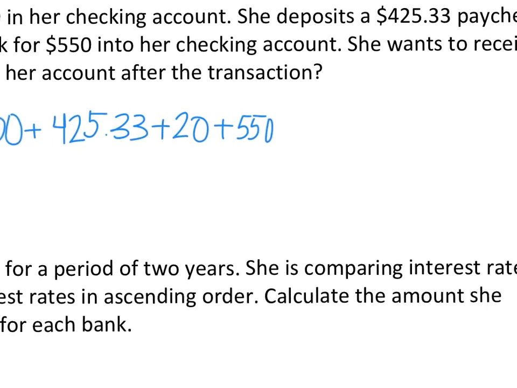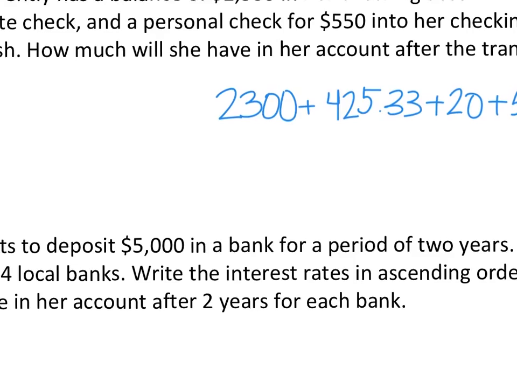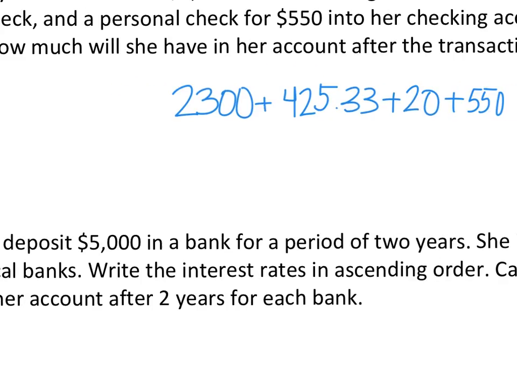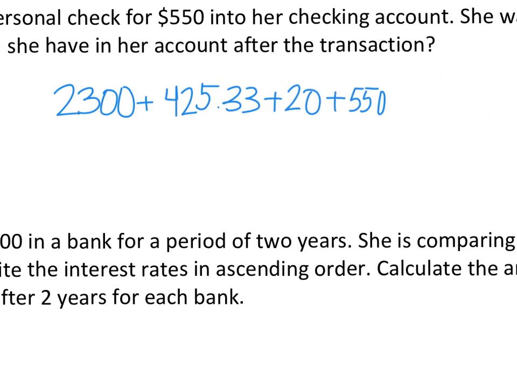And after all is said and done, at the end, it's going to ask you, would you like any cash back? And you're going to be like, yes, I do. I'd like $200. And $200 cash back actually subtracts from your account. So basically, you take $2,300 and add all those up and then subtract $200.